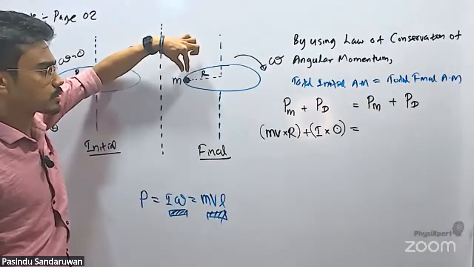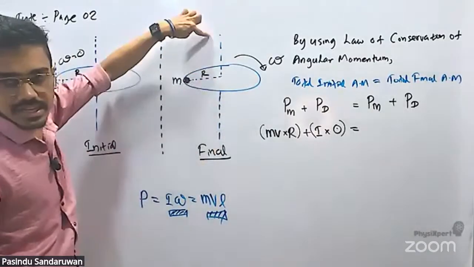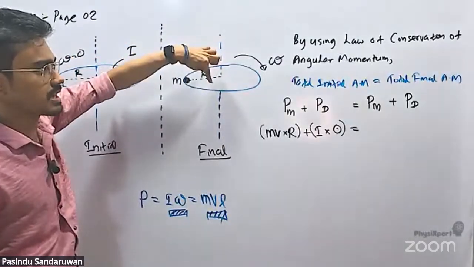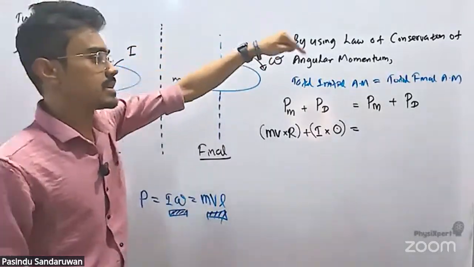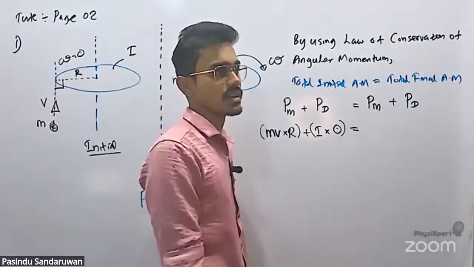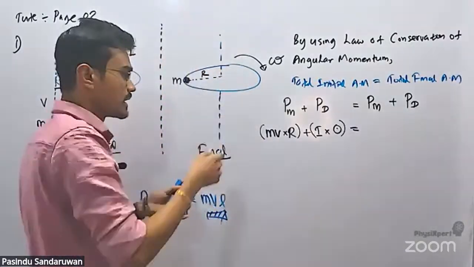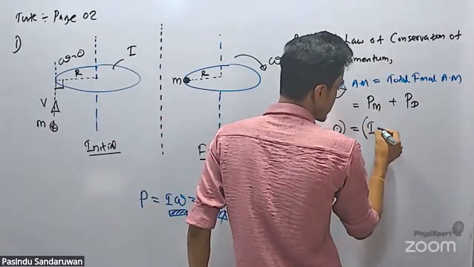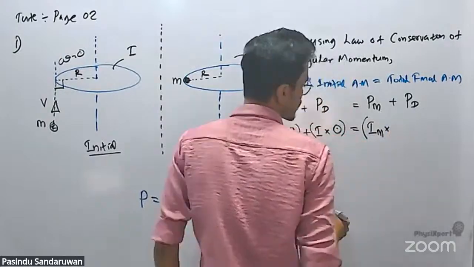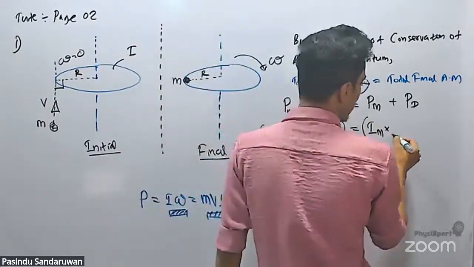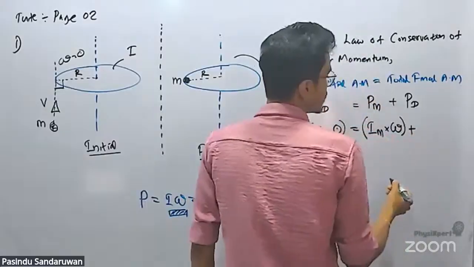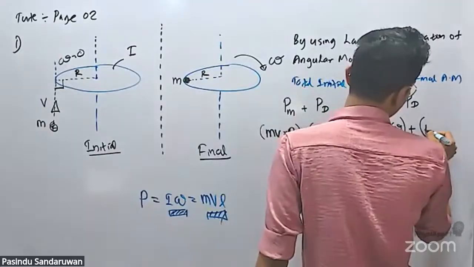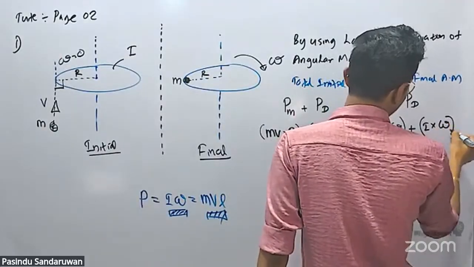With respect to the child, this is an external axis, so I can be written as m r squared. I will do that expansion in two lines. So here you can write the moment of inertia of the child into omega, plus for the disk, the moment of inertia of the disk, which is given, I into omega.